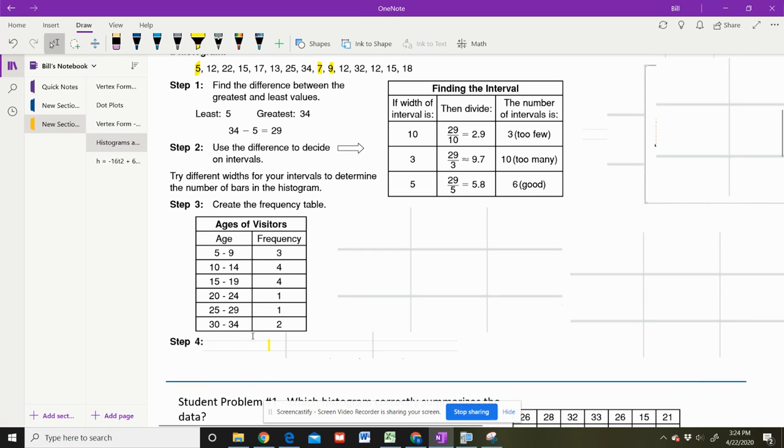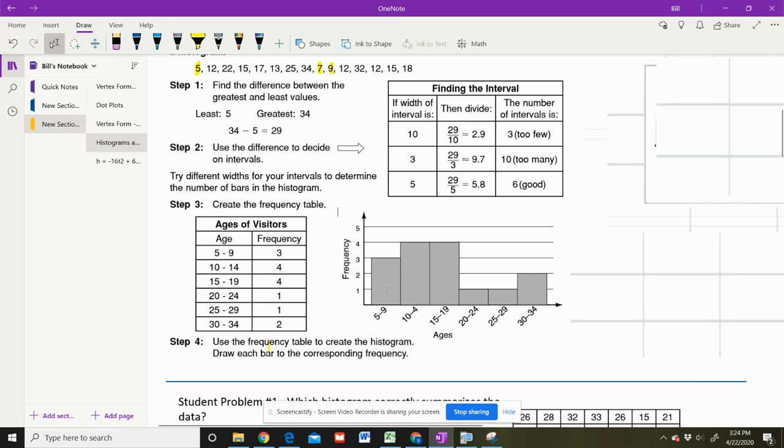And then step 4, use the frequency table to create the histogram. All right. So when we do that, we have our intervals down here, right? For 5 to 9, we had a total of 3 people with ages between 5 and 9. For 10 to 14, we had a total of 4.